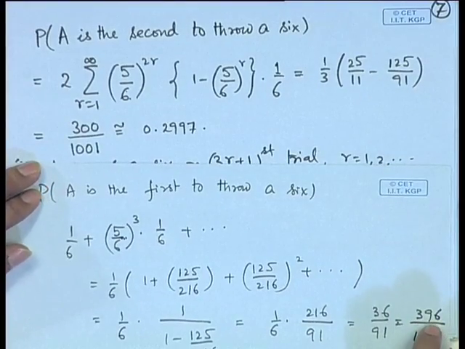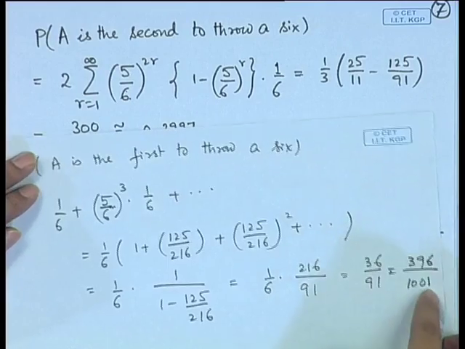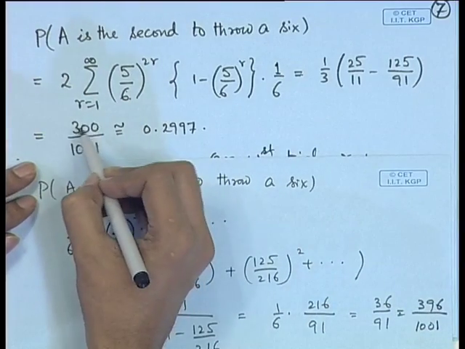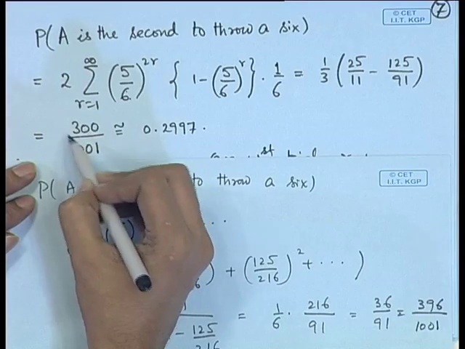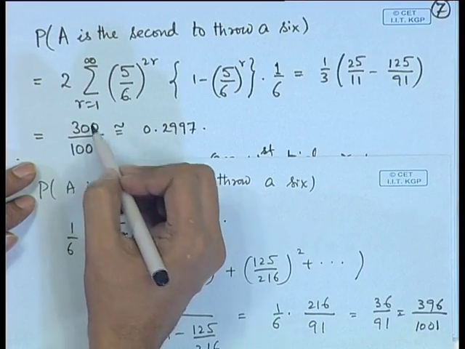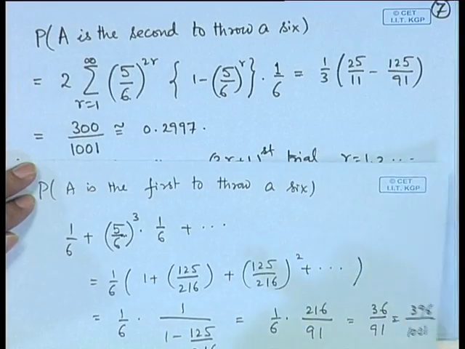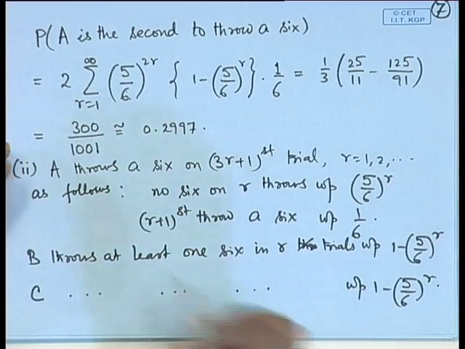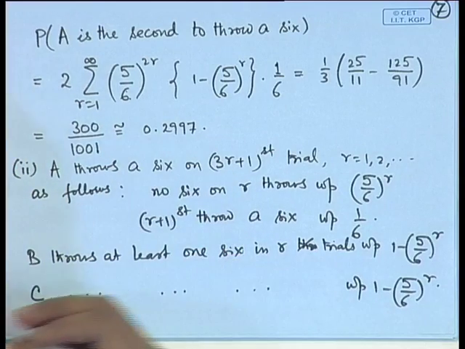Since A is the first player to get a chance for throwing, the probability that he will be the first to get a 6 is much higher, that is 396 by 1001, corresponding to A being the second, that is 300 by 1001. The probability is reduced.